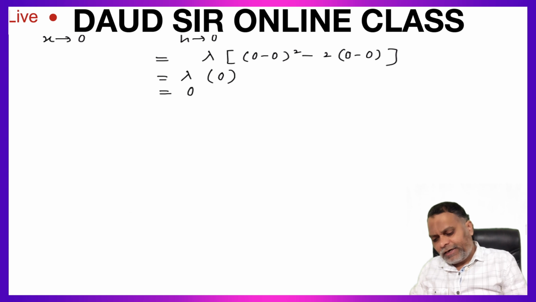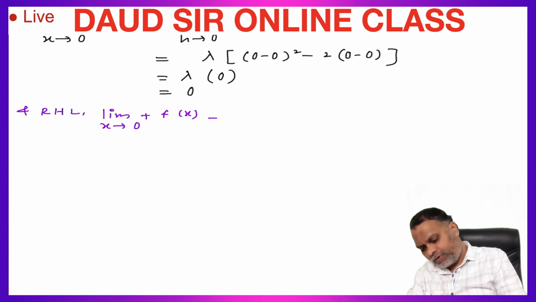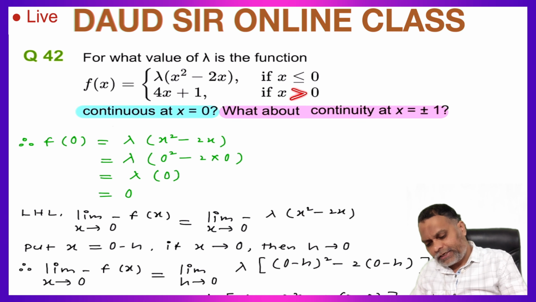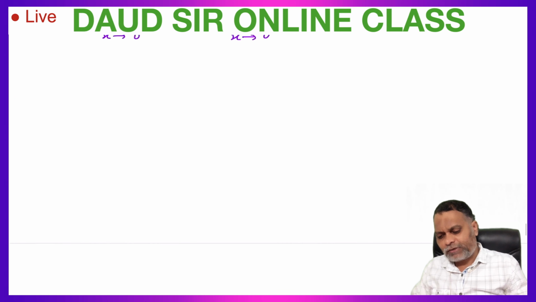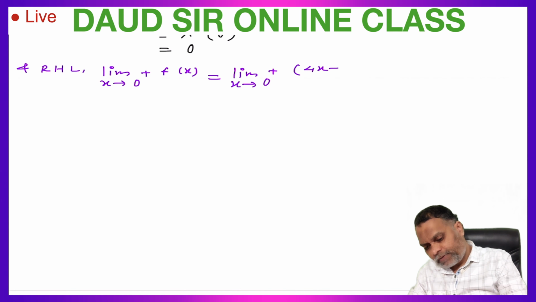And the right hand limit: limit x tends to 0 plus f of x is equal to limit x tends to 0 plus, where x is greater than 0. For this function, take 4x plus 1.